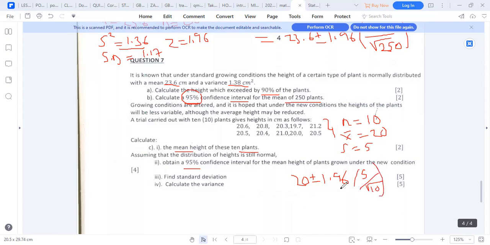Can you do what I taught you? The other ones are easy. Find the standard deviation, not a problem. Find the variance, these are not a problem. So it becomes an integration of many topics. If you don't know topic 1, which is to do with descriptive statistics, you can't answer this, because you may not even know how to calculate the mean for this sample.